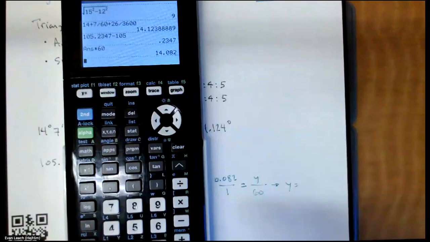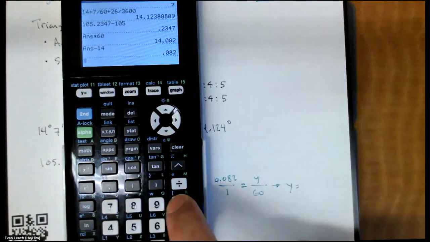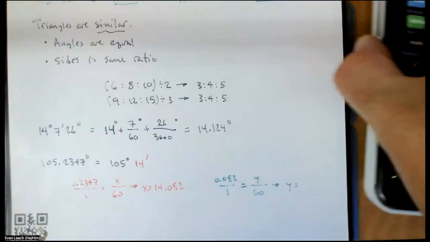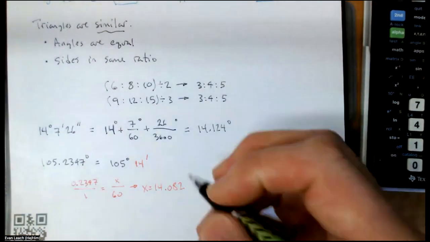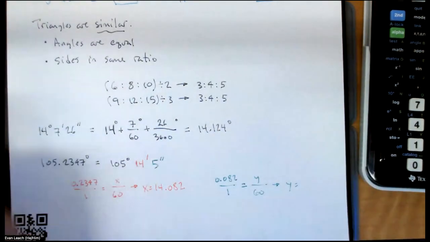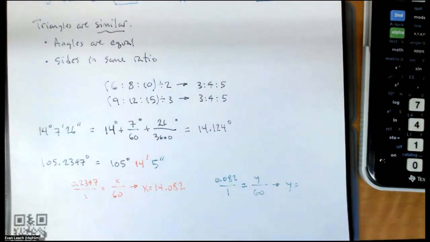So I'm going to get rid of the 14 and multiply by 60 to get 4.92 seconds. The instruction said to round to the nearest second, so the 4.92 becomes 5. So it's 105 degrees, 14 minutes, and 5 seconds.